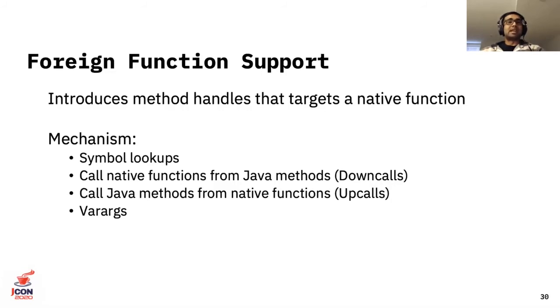Moving back to the API, we're going to look into the four main mechanisms of this API. The first is how to look up symbols in native libraries. The second is how to call native functions from Java code. Third is how to call Java methods from native functions. And the fourth is how to handle C functions with variable arguments.